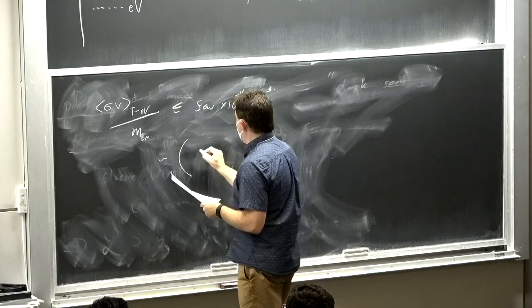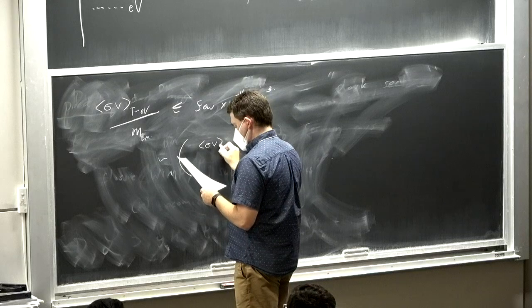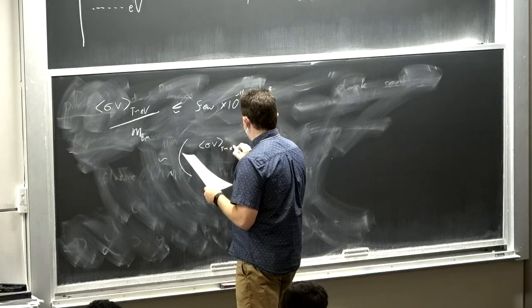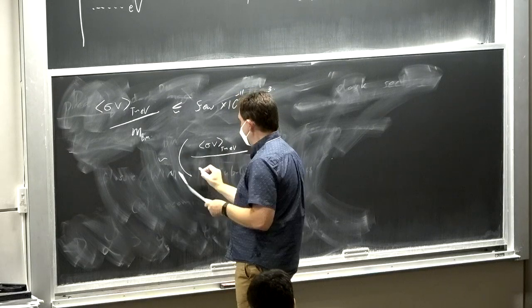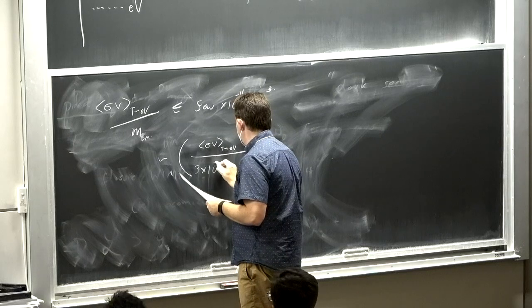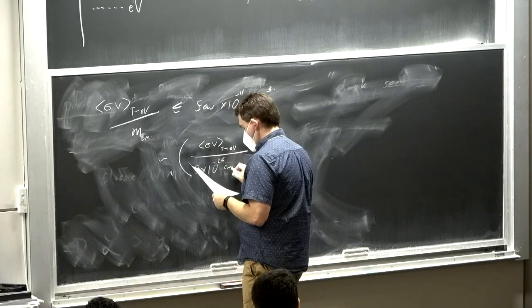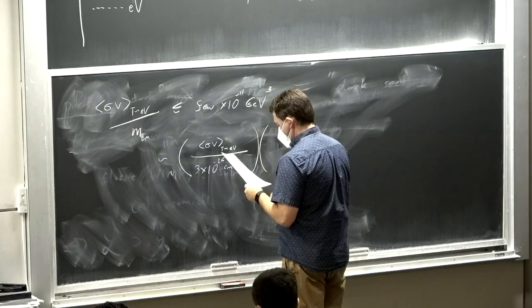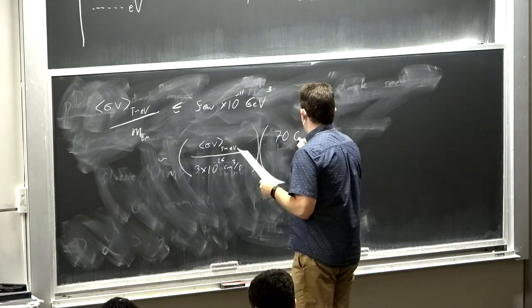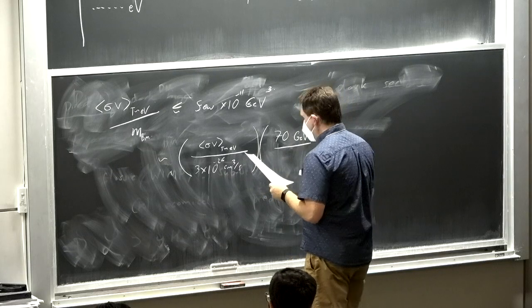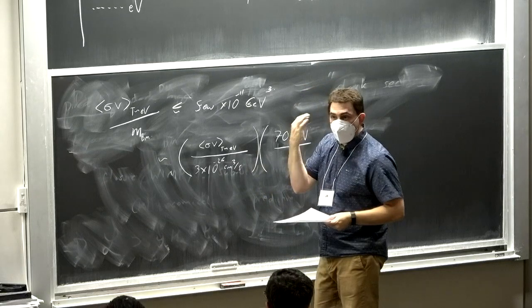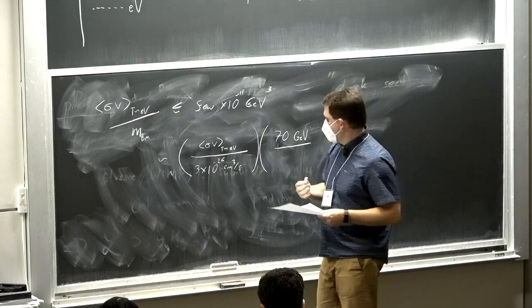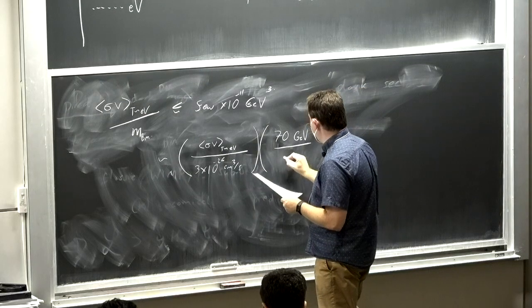If you were to put in a cross-section normalized to the typical freeze-out cross-section of a few times 10 to the minus 26 centimeters cubed per second, you already start running into tension with residual annihilations, assuming temperature-independent annihilations at the sort of tens of GeV scale.